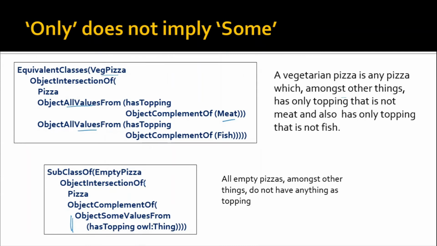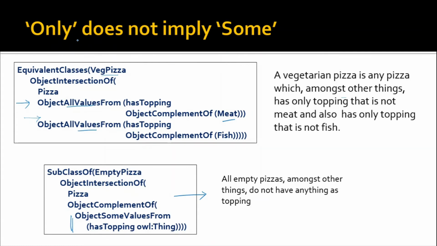So you see, these two representations are coming to be more or less equally interpreted, right? Here also we do not have anything as topping, and if a particular pizza does not have any topping, that will also satisfy this definition, right? So in some sense, this veg pizza is going to be equivalent to empty pizza, which we do not really want to do, right?